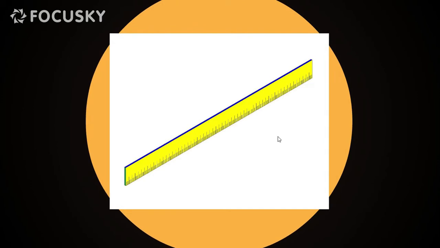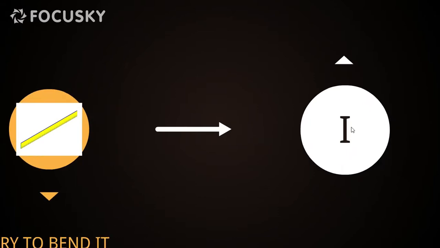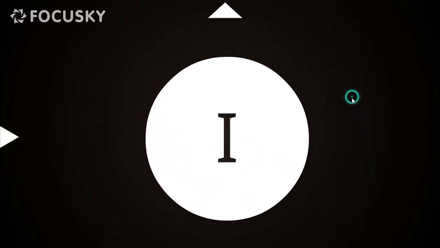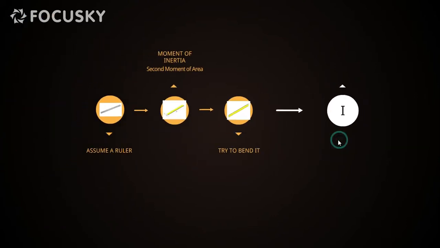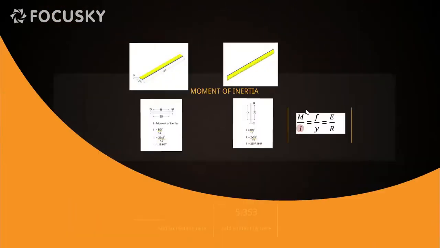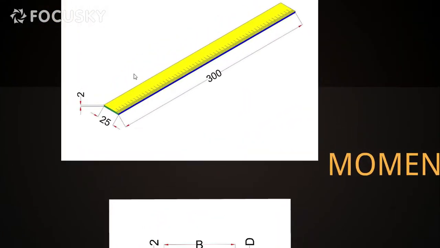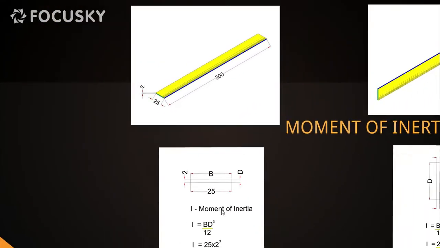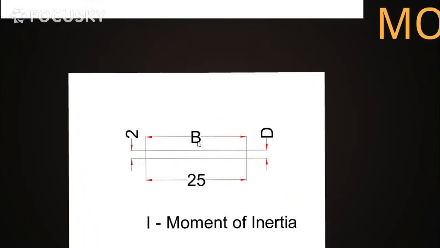The scale is offering more resistance to bending. This is because of this factor which we call moment of inertia or second moment of area. We will see the same with an example and we will analyze the reason for that behavior. When the scale is like this, the cross section is, B is 25 mm whereas D is 2 mm.